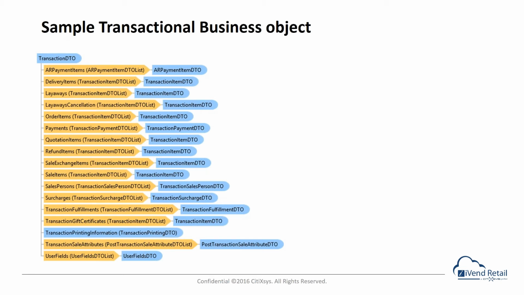They are very much accessible via iVend web APIs. You can either save or get transaction object very well in this whole structure, and you can think of integrating to any third-party application, be it ERP, accounting package, or any other application using iVend web APIs.